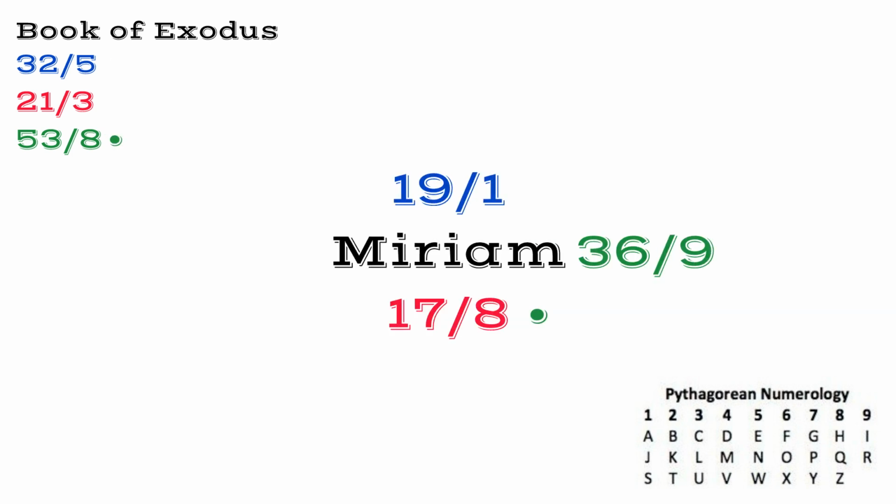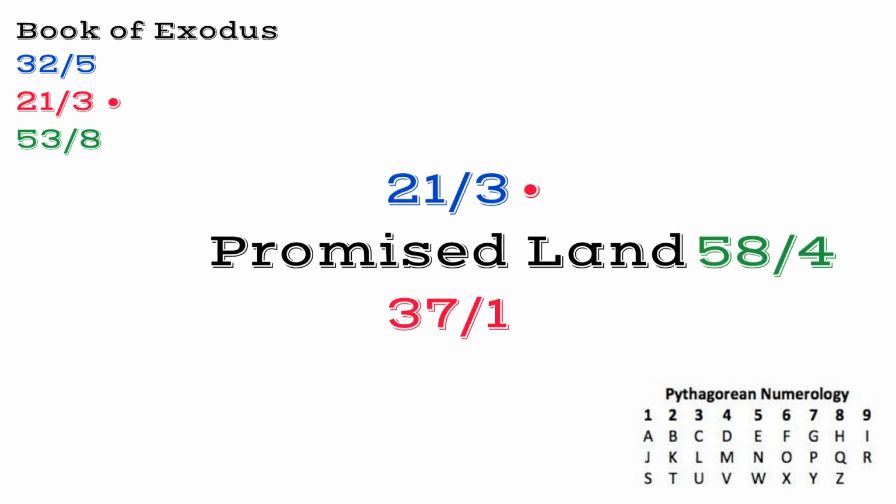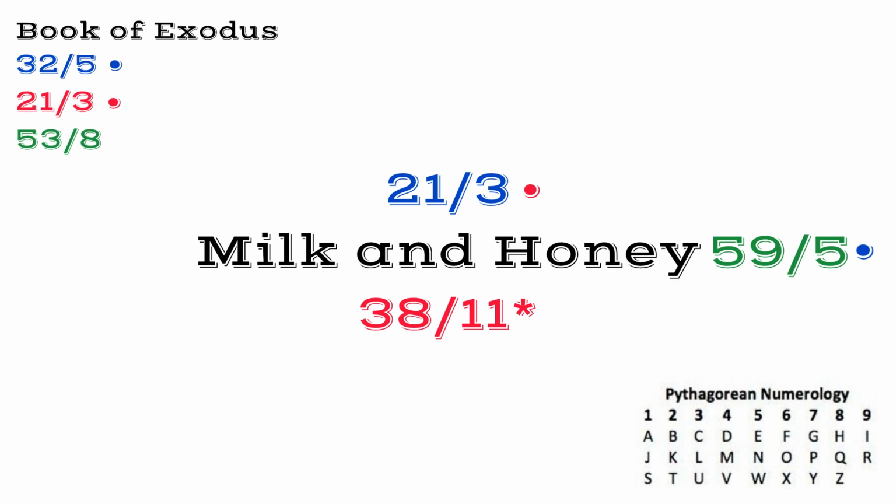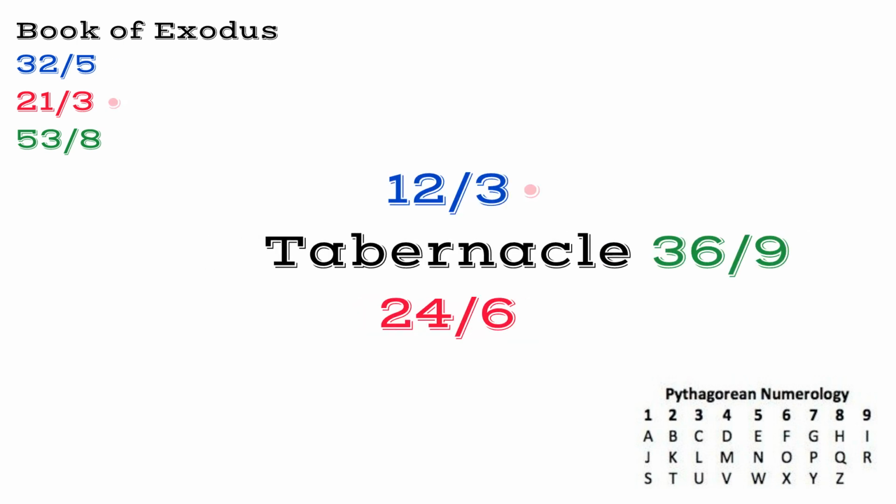Miriam, the sister of Moses, also plays a significant role, supporting her brothers as they lead the people. Despite their struggles with faith and obedience, the Israelites are continually reminded of God's covenant and the promise of the promised land, a place flowing with milk and honey. The book of Exodus concludes with the construction of the tabernacle, where God's presence dwells among the people as they prepare to continue their journey.